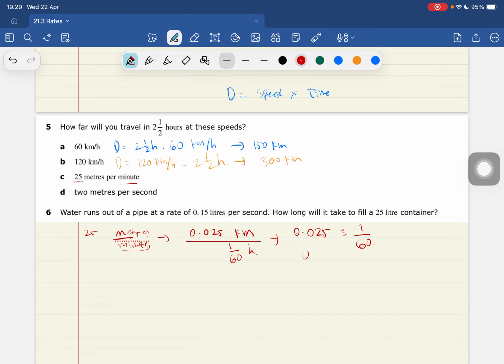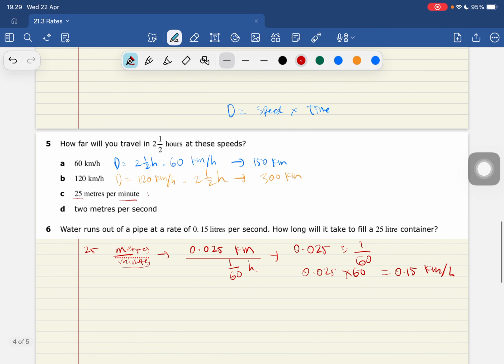So this is equal to 0.025 multiplied by 60. So 0.025 we multiply by 6. So it's gonna be 0.15 kilometer per hour.